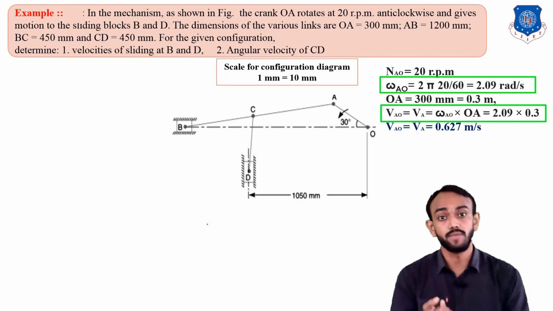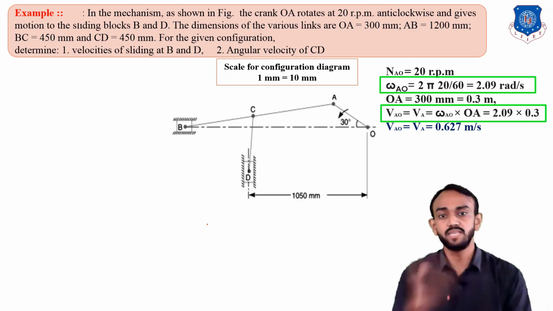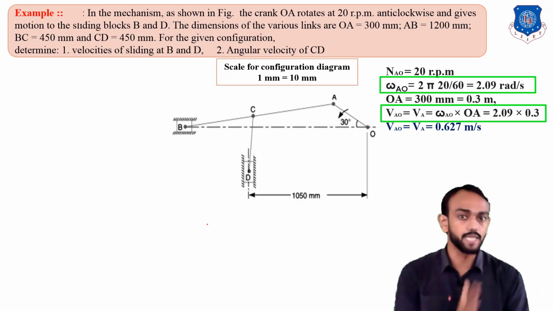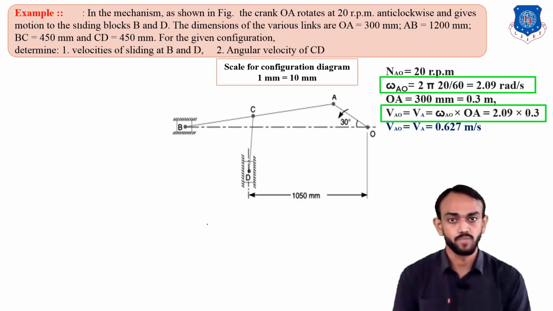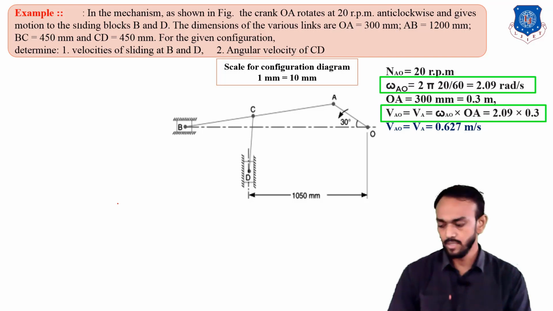If you want the velocity in meters per second, you have to multiply the length in meters. And remember that the length of a link is always given in mm, so we have to convert that into meters by dividing by 1000. So 300 mm is the length, but we have converted that into meters. So 0.3 meter we have multiplied, and we will find the velocity here.